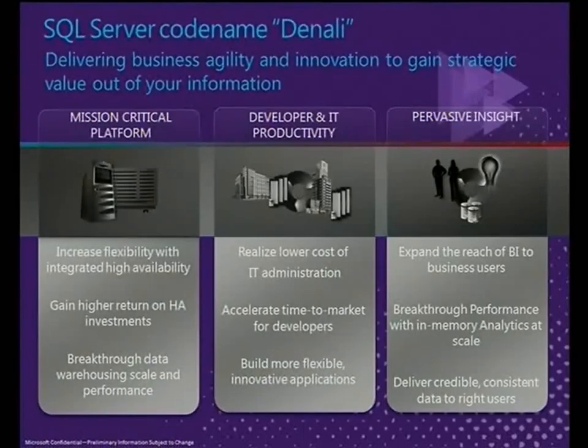We also focus on data warehousing. We introduced Parallel Data Warehouse just with the Denali release, and we'll be continuing to work on a whole bunch of things there, including the appliance offerings that we have coming up to really jumpstart your BI development and applications. So look for information about the appliances if you're interested in that.